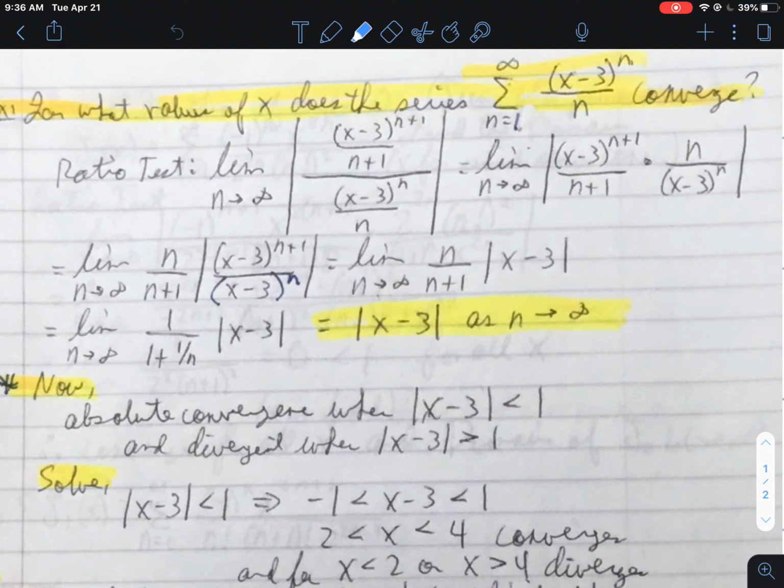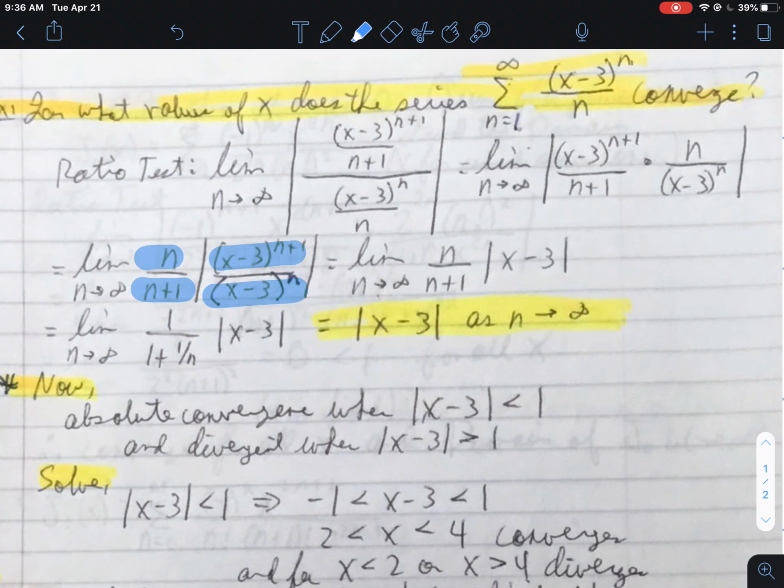So when I get to this point, I've got n over n plus 1 times (x minus 3) to the n plus 1 over (x minus 3) to the n. I can divide out the (x minus 3) to the n, which leaves me with x minus 3.